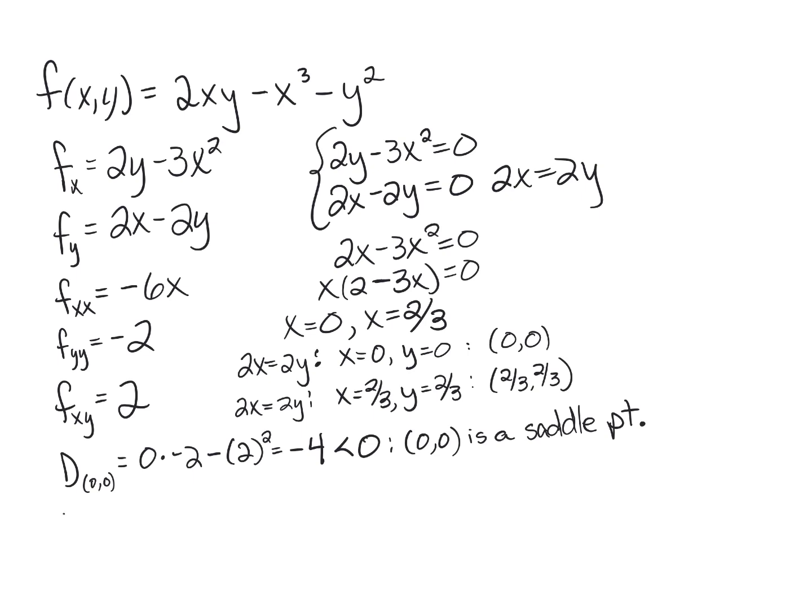Okay, using the next point, the 2/3, 2/3, when we plug that into double x, we're going to multiply 6 times 2/3. That's going to give me a negative 4. The second partial with respect to y is negative 2, and then minus 2 squared. So this is going to be positive 8 minus 4 gives me a positive number.